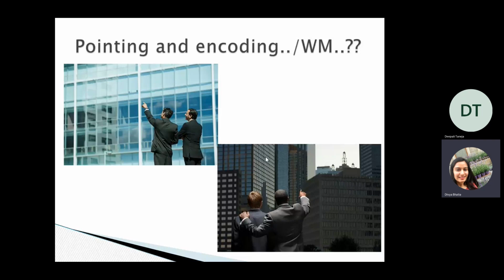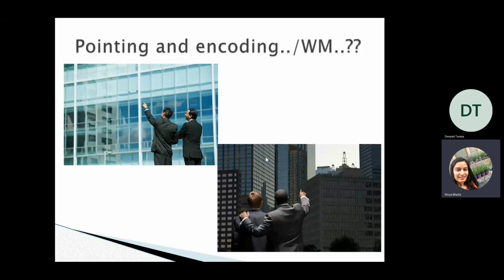There are different questions that we were interested in. Question one was how pointing actually interacts with working memory. I think all of you are familiar with these scenarios. We do this all the time, right? But the question is whether pointing movements have some role to play in working memory. Do they have something to do with working memory, or with the way we encode information from the environment? That is the very first question.